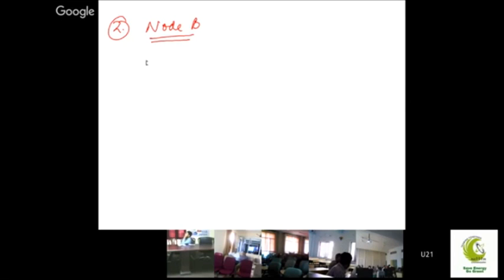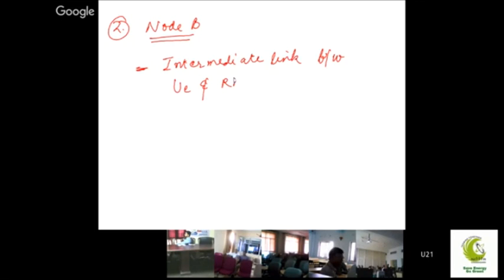The main function of the node B is that it is situated between the RNC and the user equipment. So it is the intermediate link between user equipment and RNC. That is, it receives the signal from the user equipment and transmits the signal to the RNC, the radio network controller.